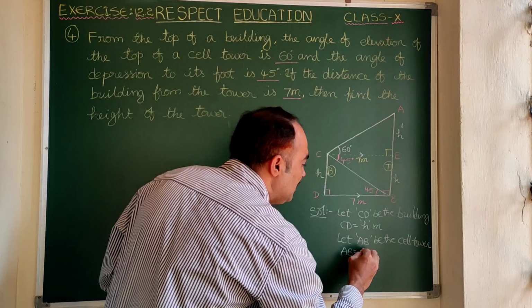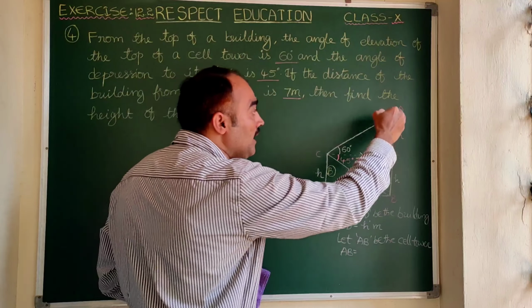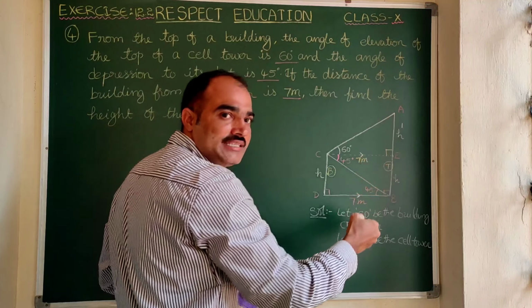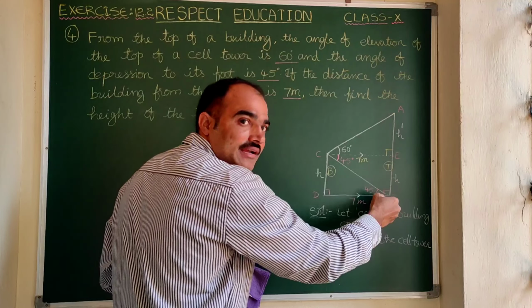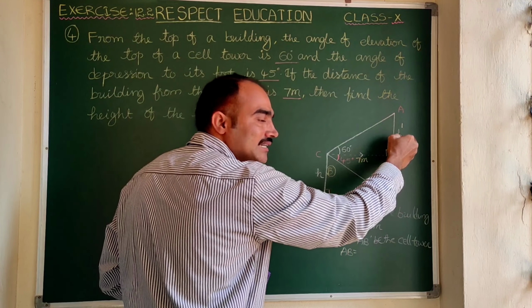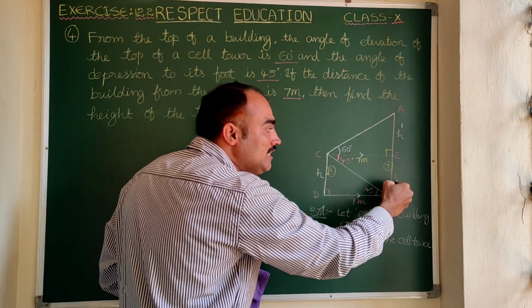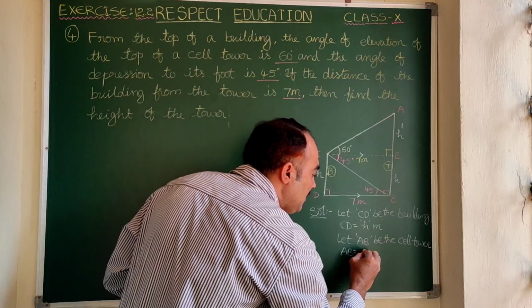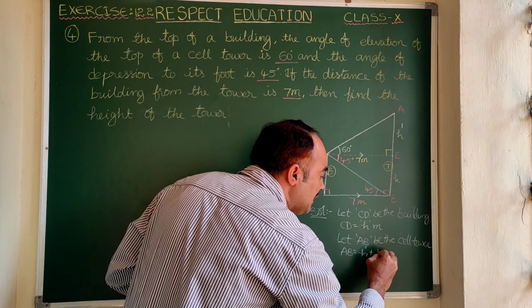So AB is equal to, you observe AE is only H dash, then what about AB? That is AE, that is H dash, plus EB, that is plus H. So AB is H dash plus H meters.